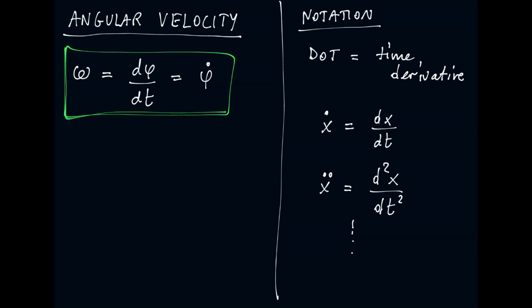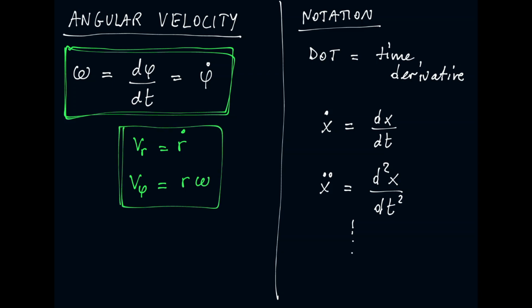Very nice. And this has outstanding importance in what we'll see. To re-express what we said about physical velocity in these new terms, again, the radial velocity is still dr over dt, so r dot, and the tangential velocity, we said it's r times d phi over dt, so it's r omega. This is the more standard way of writing velocity. r omega.